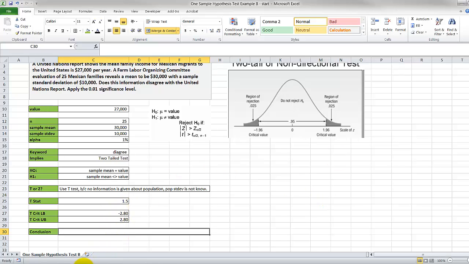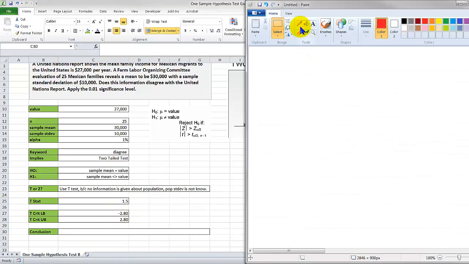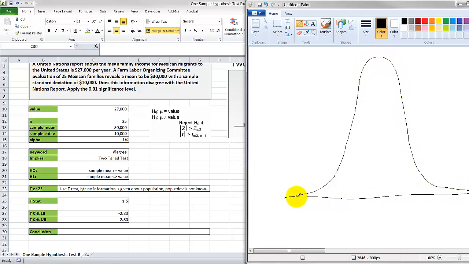Let's go ahead and draw this. So let's bring up Paint, and I'm going to draw this distribution. Looks something like this. And I'm going to connect that. We have a center, and we have a value range here of our minus T critical, and we don't even need to put in the numbers. We have a positive T critical, and then we have the T stat.